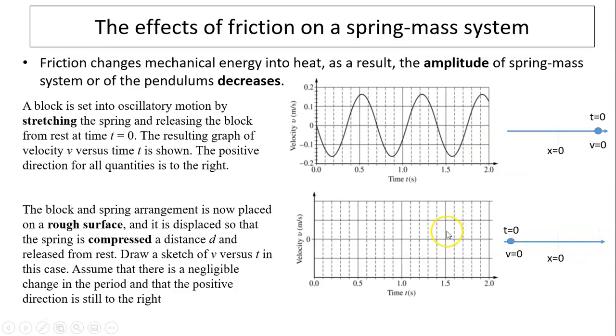How about amplitude? Amplitude will decrease since neither mass nor spring constant change. So your period does not change. So you still have the corresponding position here. But as you move, your amplitude decreases because energy decreases due to friction.